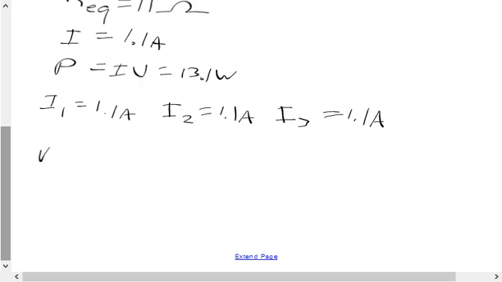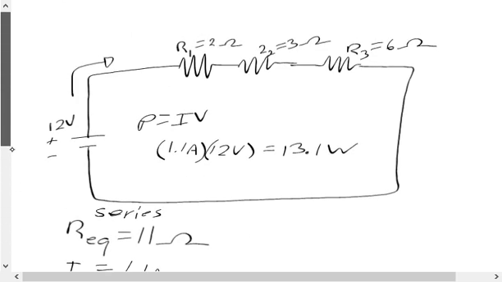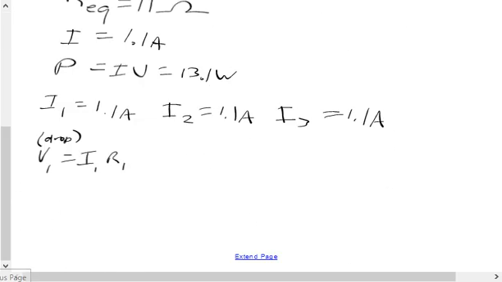However, the voltage for resistor 1 is equal to the current for resistor 1 times the resistance of resistor 1. And so this is the voltage drop across resistor 1. So resistor 1 has 2 ohms of resistance, and it is in fact still the 1.1 amps of current.